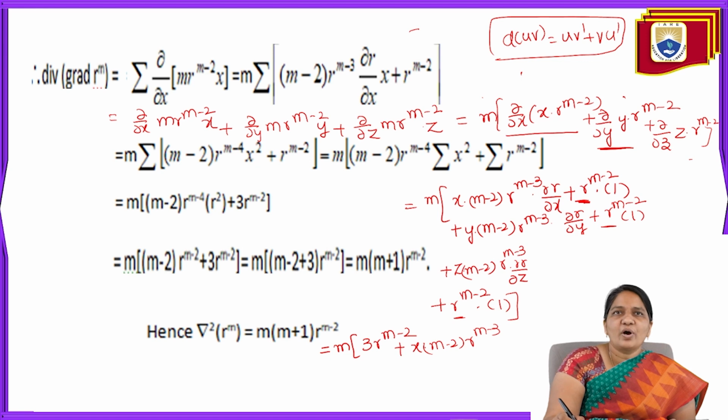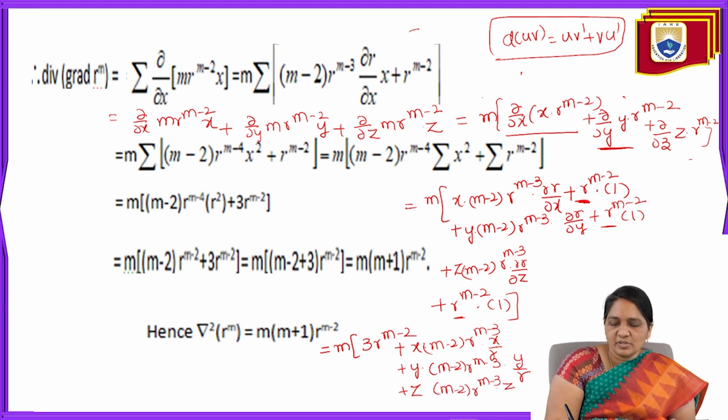In place of dou r by dou x, I can replace x by r, as I already calculated before. Next, y into m minus 2 into r power m minus 3 into y by r. Next, z into m minus 2 into r power m minus 3 into z by r.